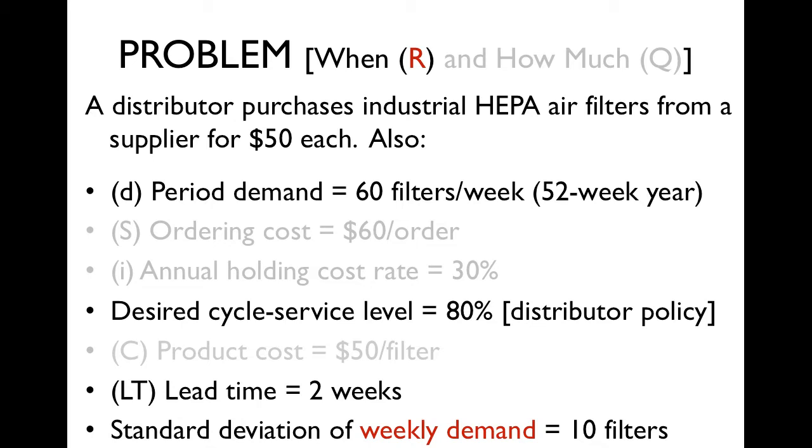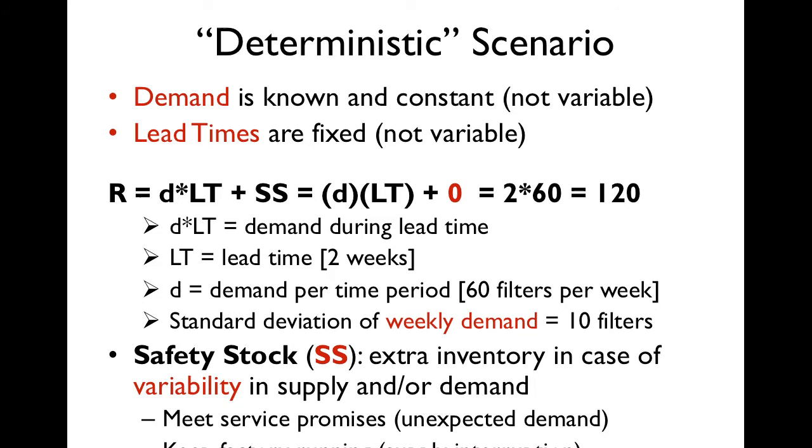We need to know period demand, and we need to know the service level, and that's a policy statement from the distributor. They pick the 80. We need to know the lead time from suppliers, and we need to know any standard deviation. In this case, we only have standard deviation of demand, and lead time is going to be fixed at 2 weeks.